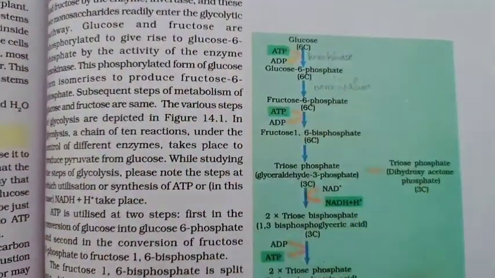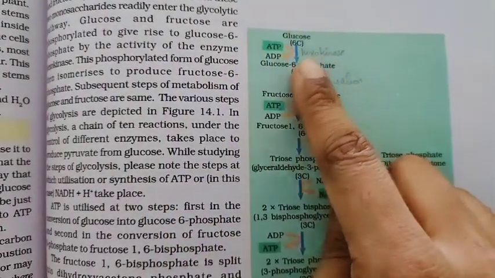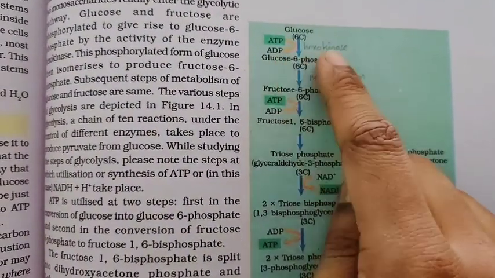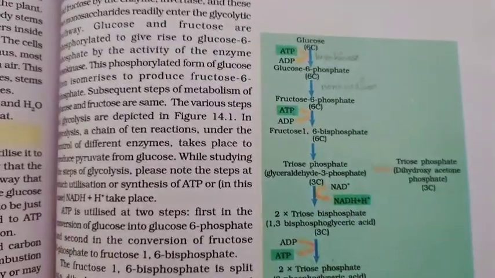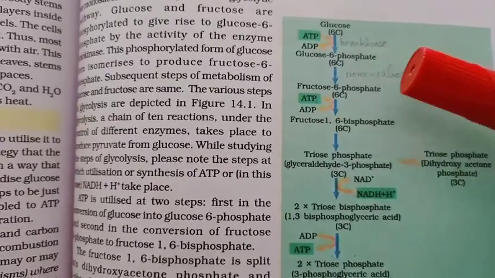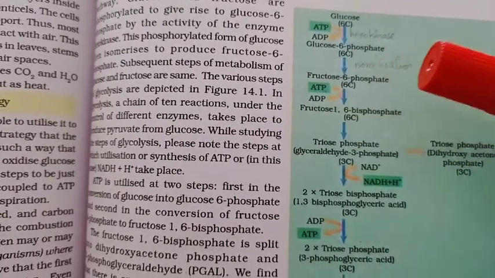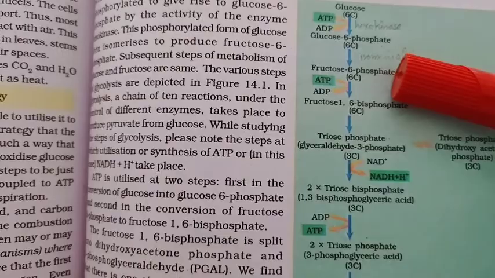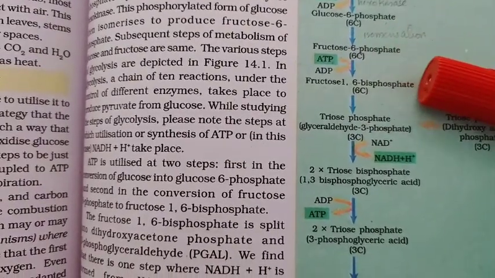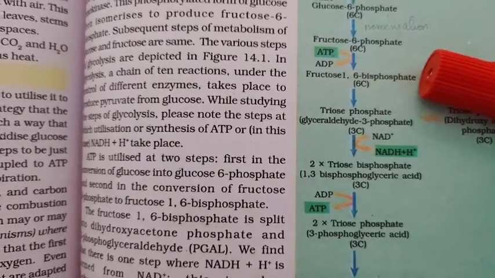If you look at the textbook itself, first glucose is converted into glucose 6-phosphate. ATP is utilized there, and hexokinase is the enzyme used. Next, glucose 6-phosphate is isomerized into fructose 6-phosphate. Fructose 6-phosphate again adds a phosphate group, that is phosphorylation, to form fructose 1,6 bisphosphate.